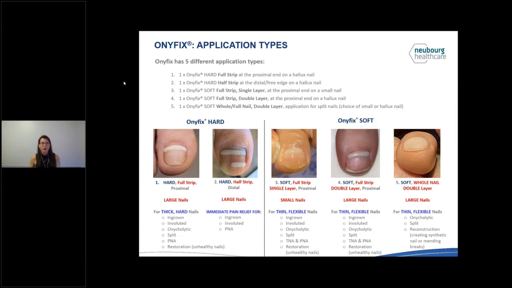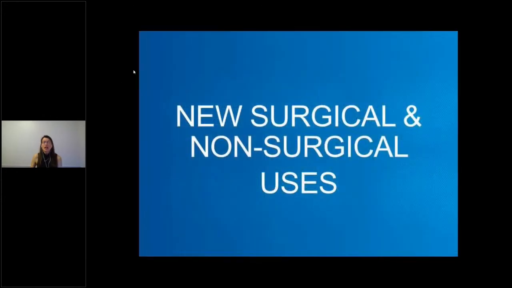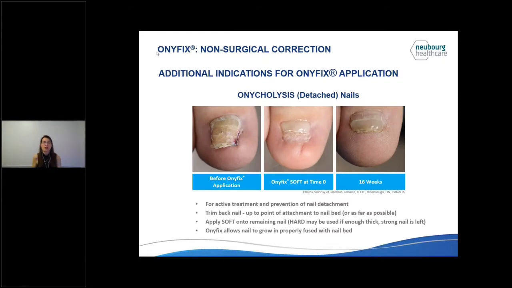So moving forward, let's take a look at some of the additional new uses we've found in both non-surgical and surgical applications that haven't really been focused on in the original training classes, if at all. The first one is one of my favorites, onycholysis, or detached nails.